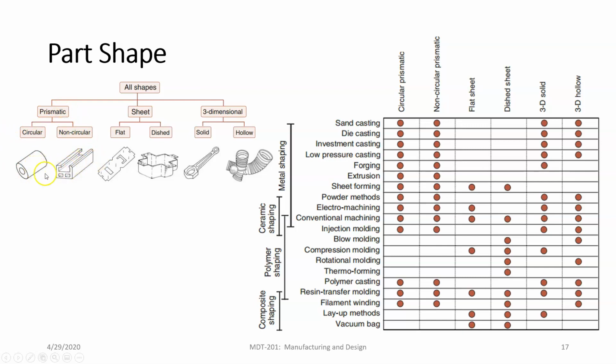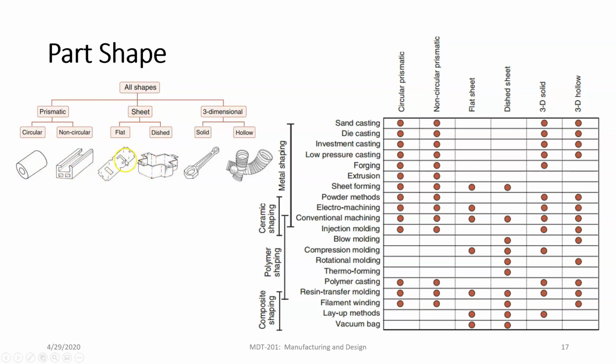It's basically an extruded shape, whether it's a cylindrical shape, circular shape here, or non-circular. These are basically extruded shapes. You can see the two-dimensional shape here, and then the third dimension is basically just a uniform extrusion or a uniform height.